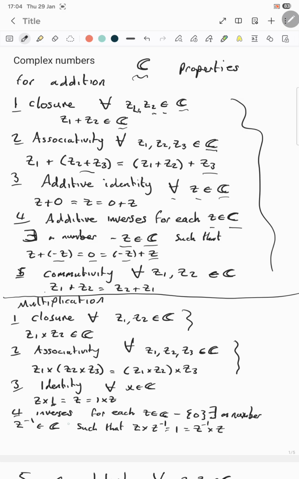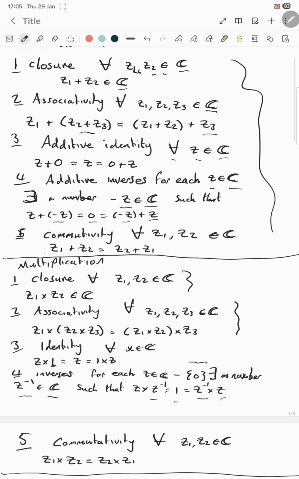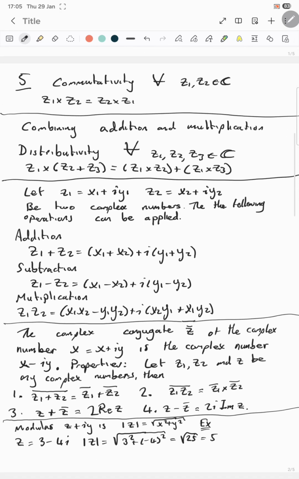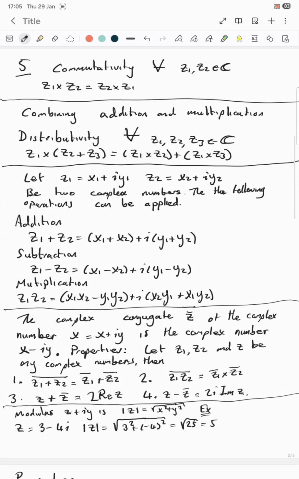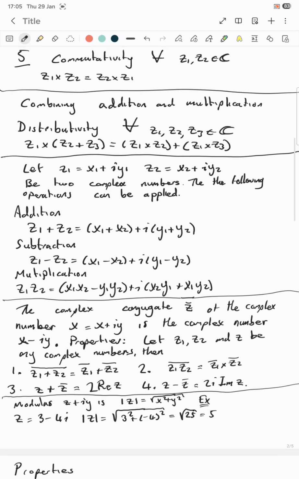But anyway, for inverses, for each Z contained in C minus the set 0, there exists a number, the inverse of Z, which is contained in C, such that Z multiplied by inverse Z equals 1, which equals the inverse multiplied by Z again. Again, it's straightforward. Now commutativity. For all Z1, Z2 contained in C, Z1 multiplied by Z2 equals Z2 multiplied by Z1.